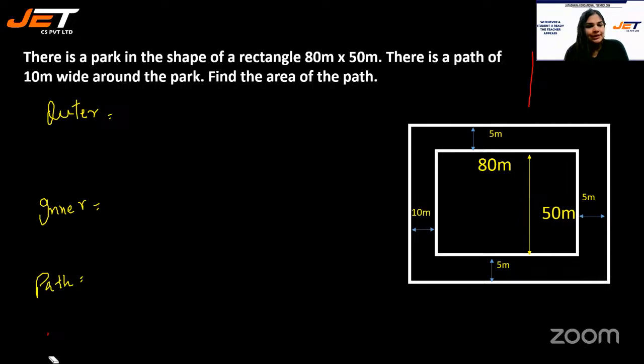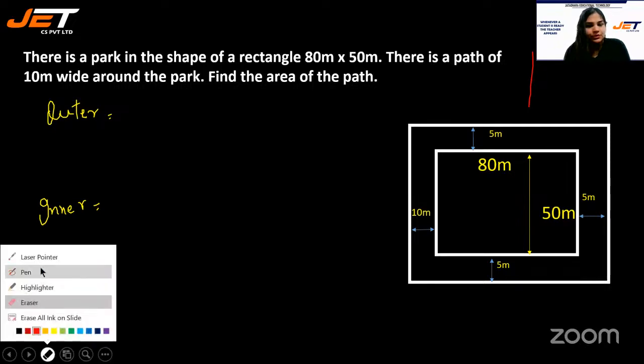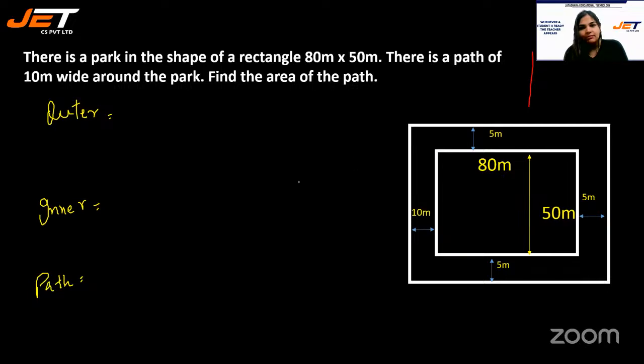All right, children, let's do this. So sorry for that. So 80 plus 10 on both the sides, it's 100 meters. Then if I talk about the width, 50 plus 5 on both the sides, that will be 60 meters.